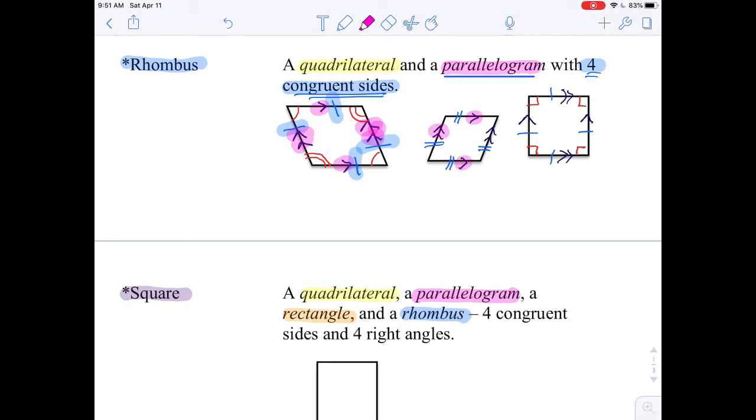Again, 2 pairs of parallel sides, and all 4 sides are exactly the same. Again, I don't care about those 90-degree angles inside. They don't mean anything to me if I'm looking at if it's a rhombus.